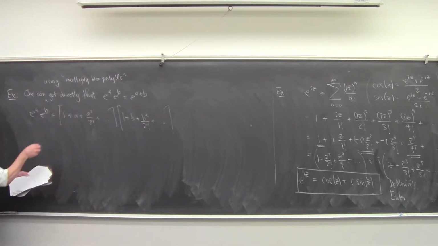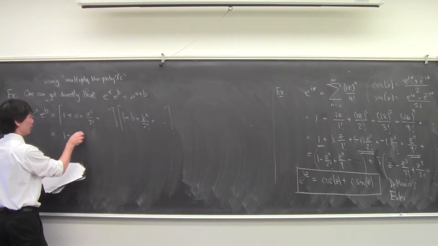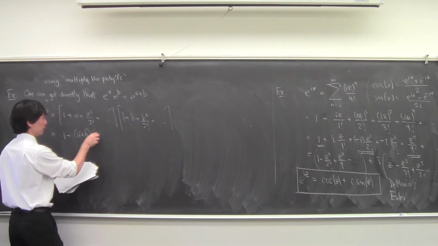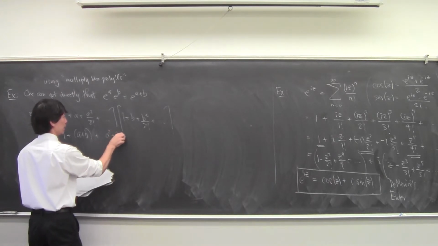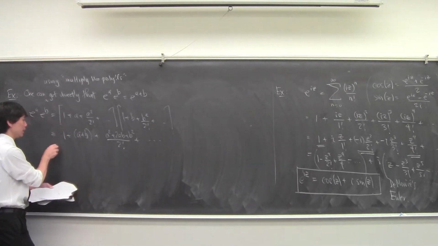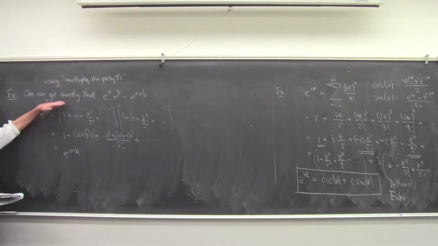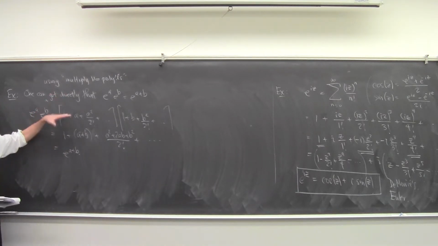And then it works out to be 1 plus a plus b plus a squared plus 2ab plus b squared over 2 factorial plus blah, blah, blah. You can get this formula by multiplying the power series out. Let's just go on because there's not much time.